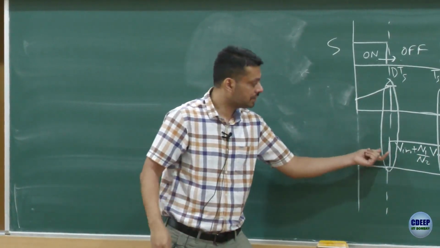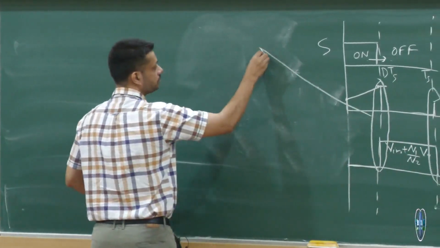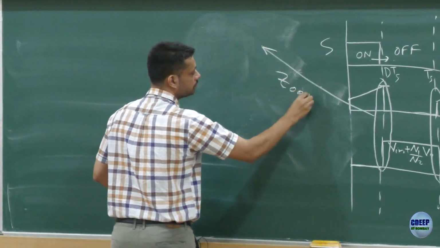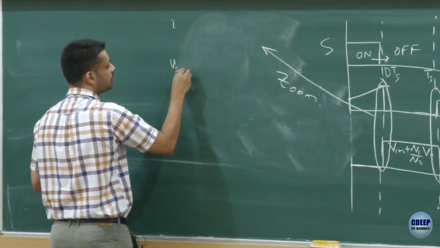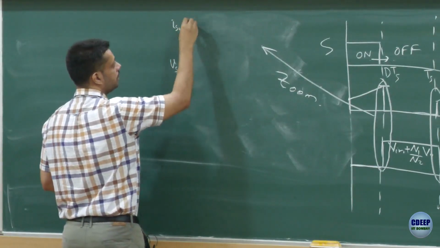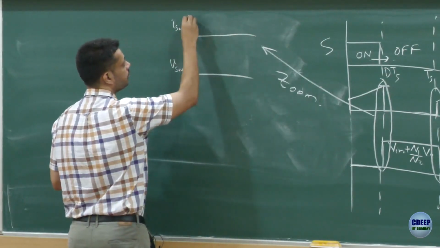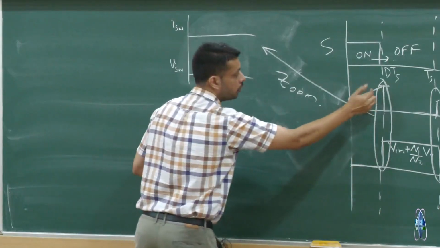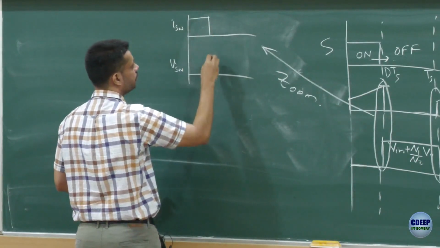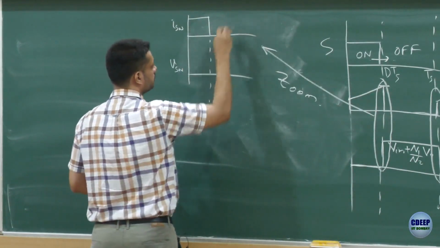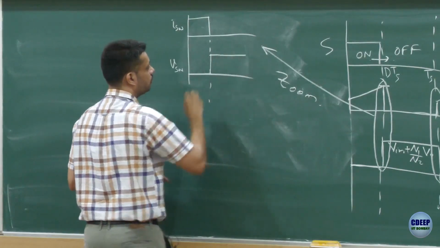If you zoom into this transition, you have the voltage across the switch and the current through the switch. I am just zooming in on this small part. There is a switch current and then it becomes equal to 0, and there is a switch voltage which is 0 and it becomes equal to a blocking voltage.